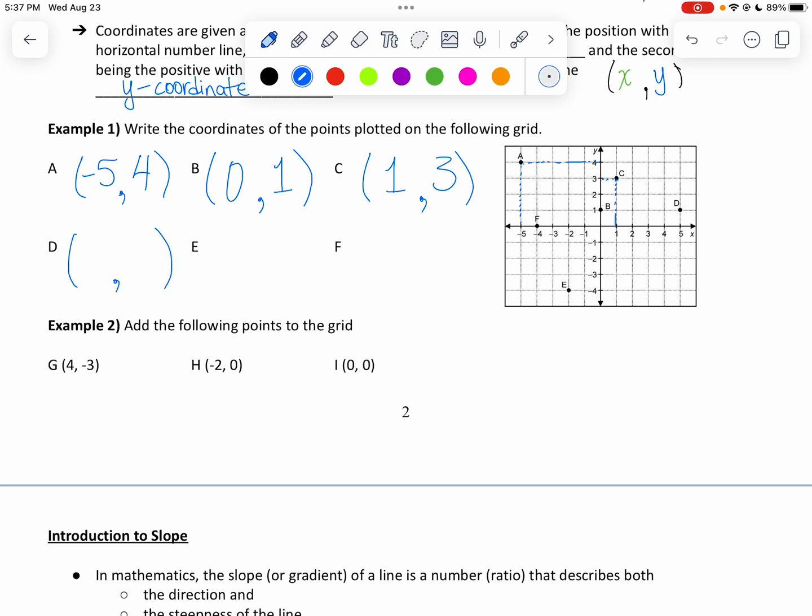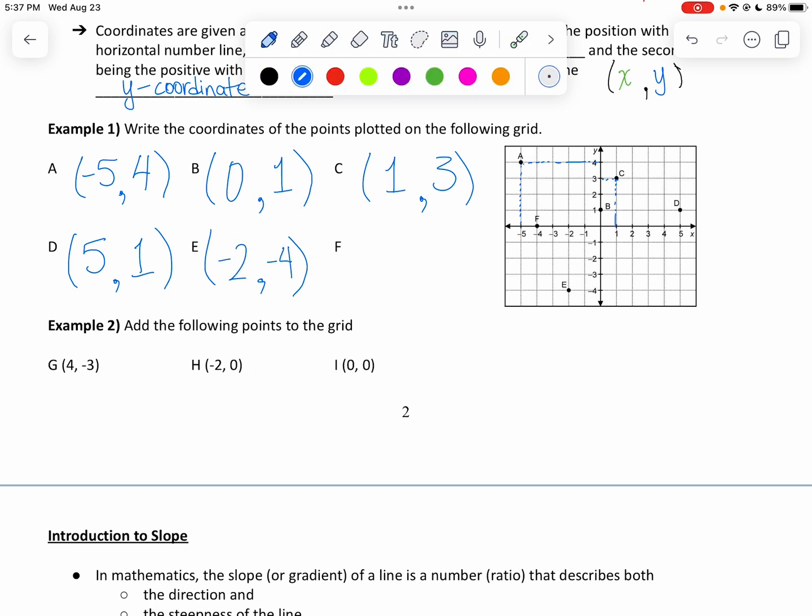Okay, now for D, we are at 5 for the x-coordinate and +1 for the y-coordinate. For E, we start to travel into the negative, so we are at -2 on that x-axis, and we are at -4 on our y-axis. So we're filling in -2, -4.